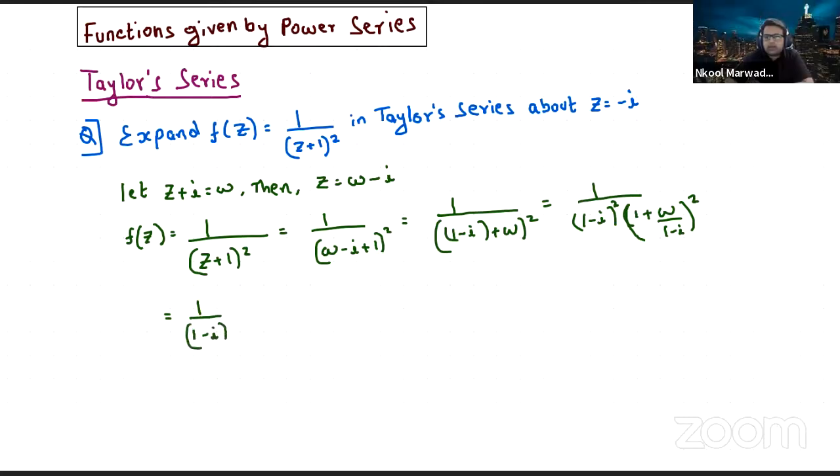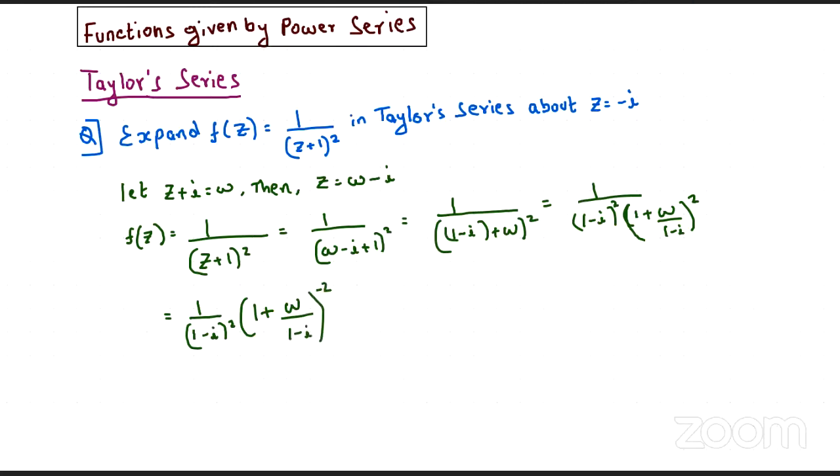And this, if I take it to the numerator, it will become 1 plus omega upon 1 minus i to the power of minus 2. Isn't it? Yes, sir. And we know how to expand this.